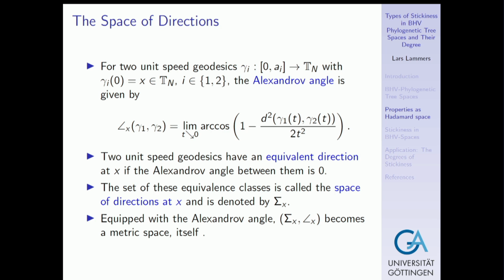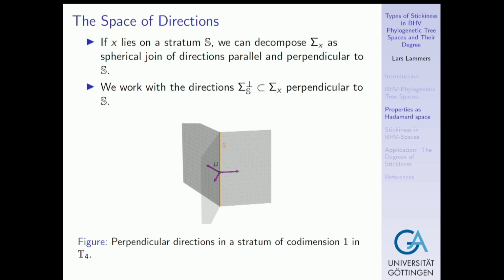The space of these equivalence classes is called the space of directions, Σ_x, and it becomes a rather nice metric space itself, even though it inherits some not so nice properties, but it's still good enough for us.